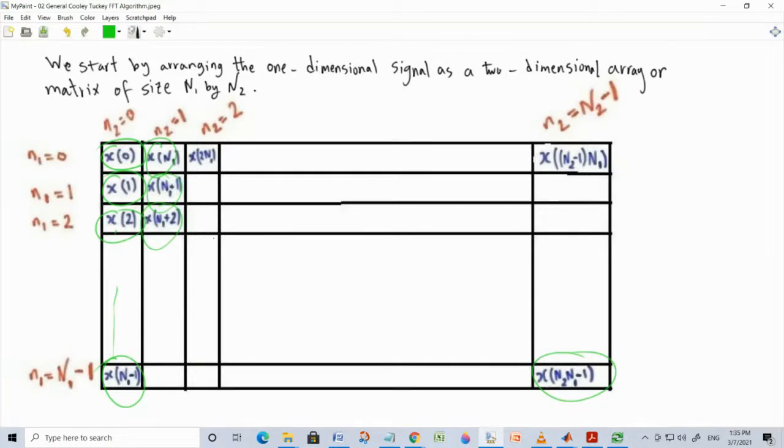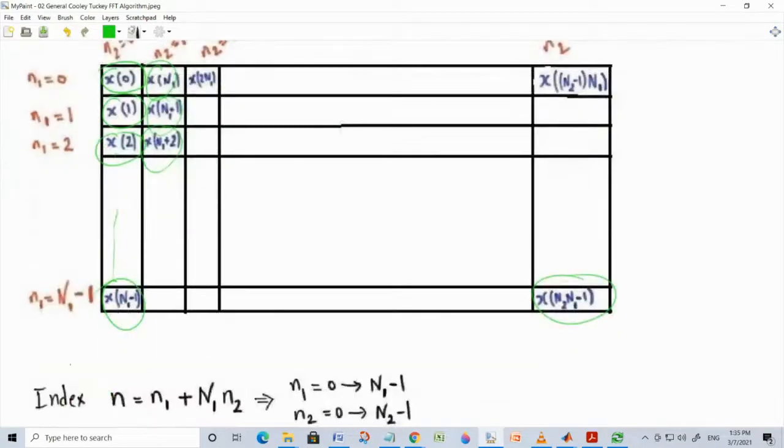To index an element in this array, we need two indices. So the idea is that we replace index n by two indices: n equals little n1 plus big N1 times n2, where n1 is from 0 to big N1 minus 1, and n2 is from 0 to big N2 minus 1. When n2 is equal to 0, this term is 0, and n1 goes from 0 to N1 minus 1, and this gives you the first column.